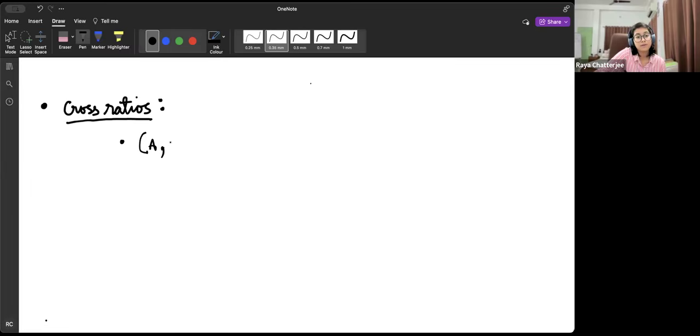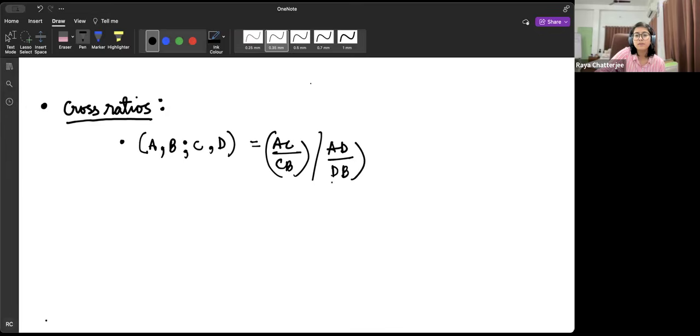We define the cross ratio of 4 points, A, B, C, and D, to be AC by CB over AD by DB. Now, this is a weird definition, but this only works if A, B, C, and D are collinear.